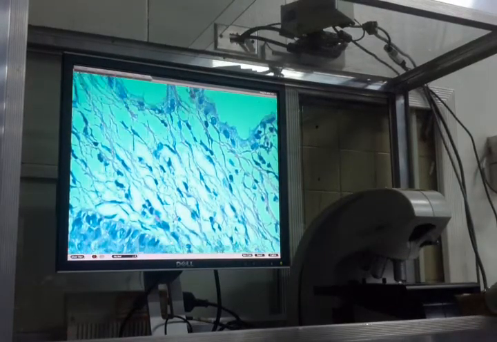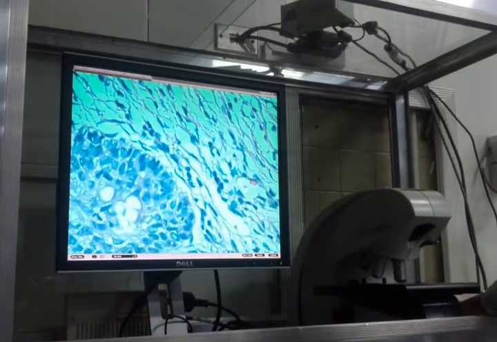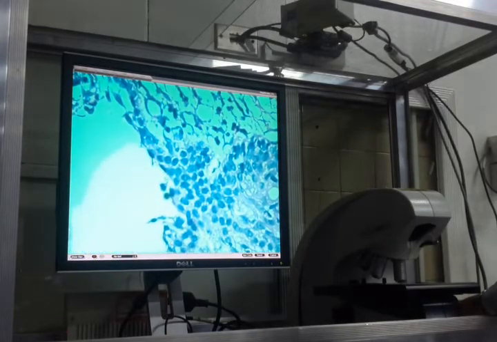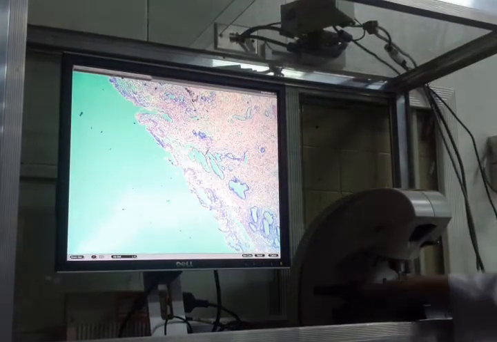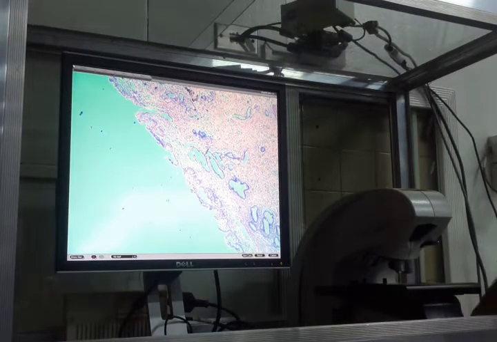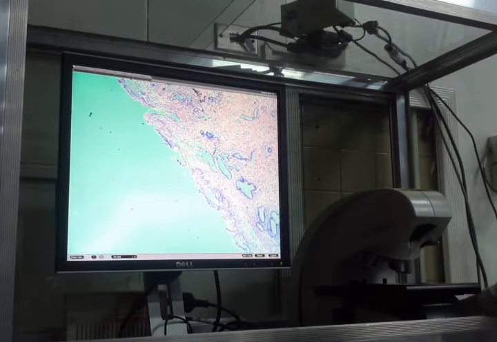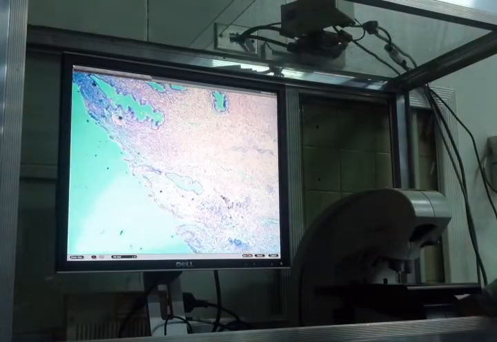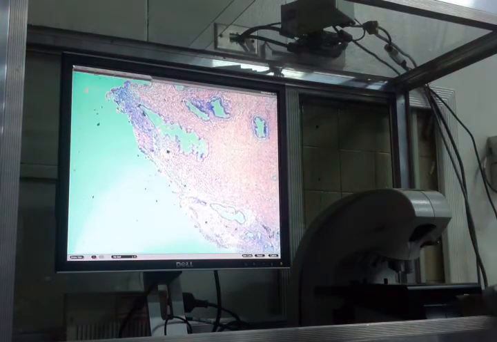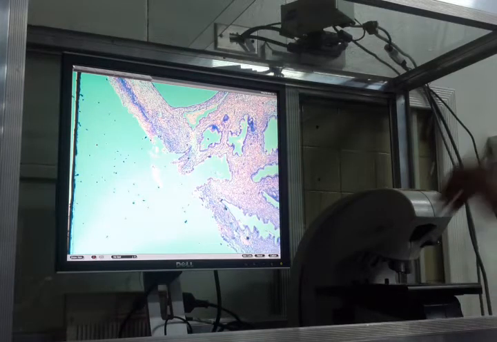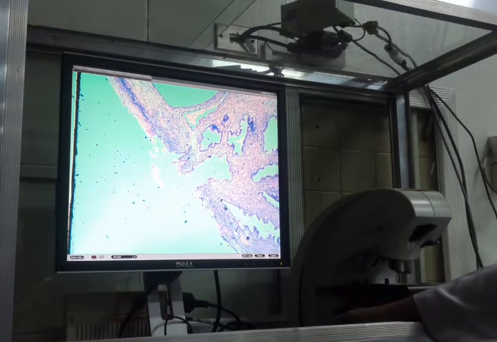The endocervical crypt or gland should be lined by tall columnar cells with basally oriented nuclei. And here, you are already in an area of the endocervical glands. We have left the ectocervix behind in this area. Where is the ectocervix? This is your ectocervix.